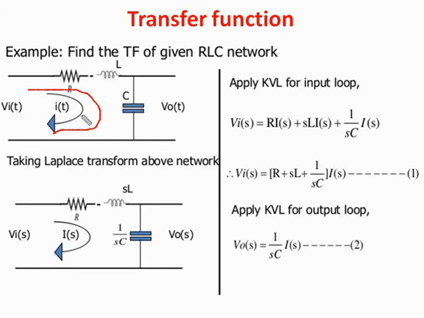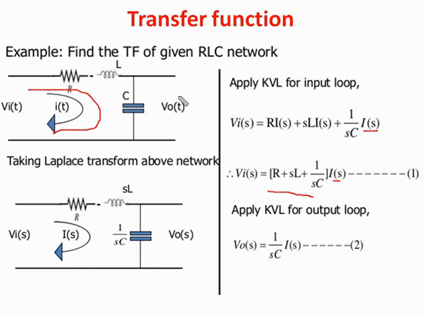Converting into the s domain, Vi(s) equals R I(s) plus sL I(s) plus 1/(sC) I(s). Taking I(s) common, Vi(s) equals (R plus sL plus 1/(sC)) I(s).